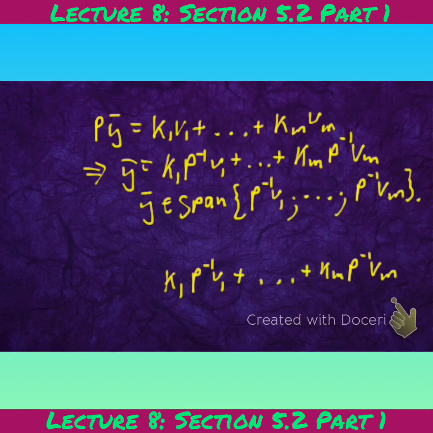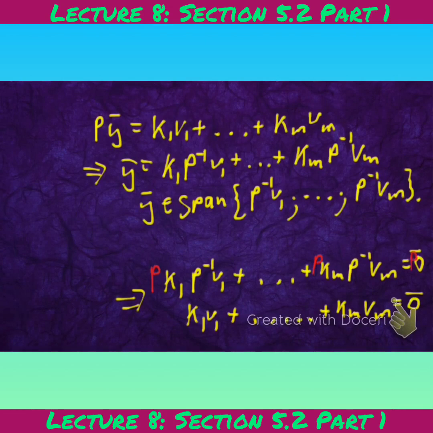Then if you set up that equation there, and then you can multiply straight through by P, you get your next expression there, which is this one here. And because those vectors are linearly independent, it simply implies that k1 is equal to k2, they are all 0. So those vectors are linearly independent, and so it forms a basis.